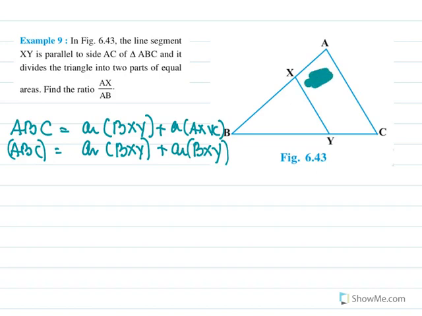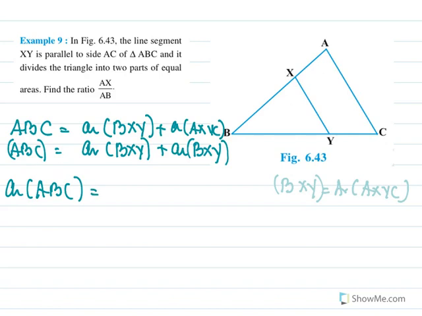This area is equal to this area. So area of ABC we can say is 2 times BXY. We'll call this equation 1. We'll have to use this information a little later.